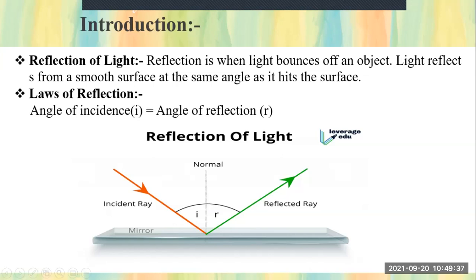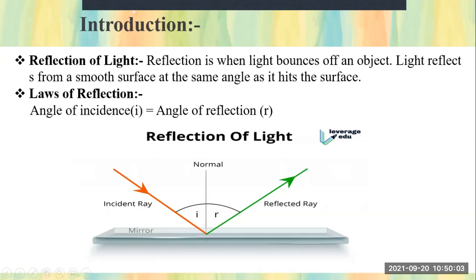From which surface? Smooth surface. If the surface is smooth, then only it will reflect. And if the surface is smooth, it will reflect at the same angle as it hits the surface. So the angle at which it hits, it bounces back with the same angle.